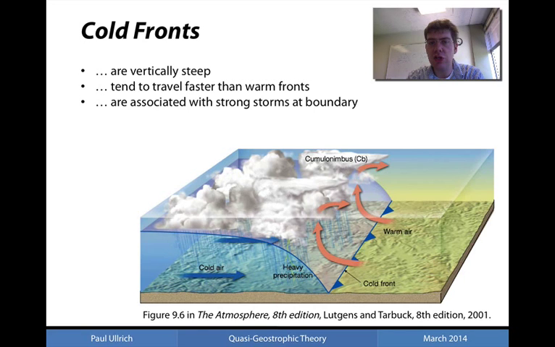So this leads to typically heavy precipitation in the vicinity of the front. These fronts also typically move faster because of their shape. They are basically bulldozers. They're able to push over the warm air much more easily, and the warm air also has reduced inertia associated with it because it's warmer, lighter air.